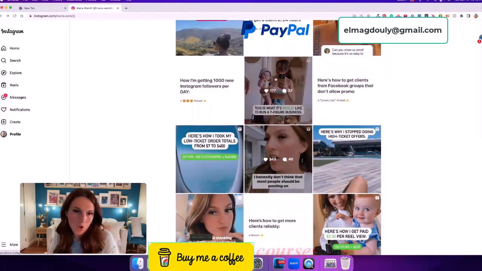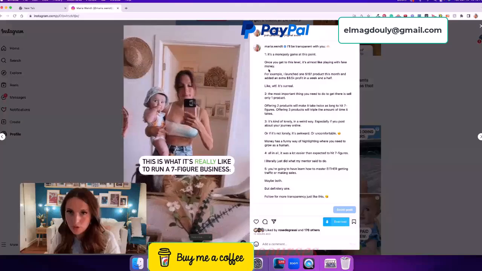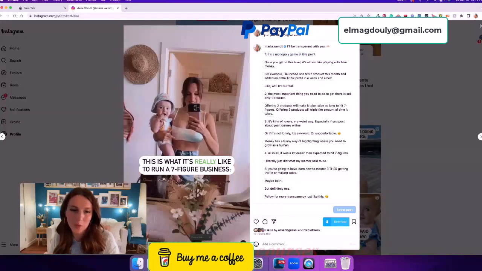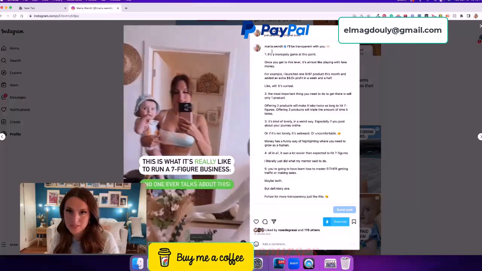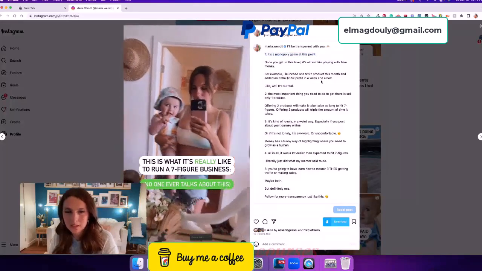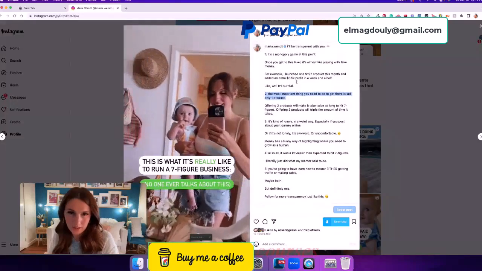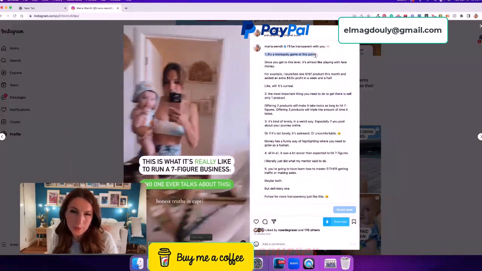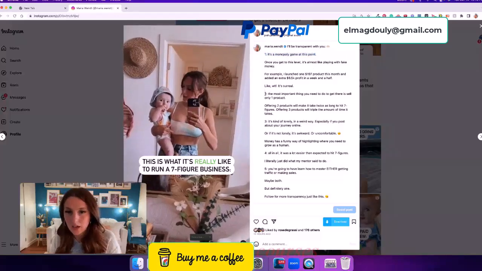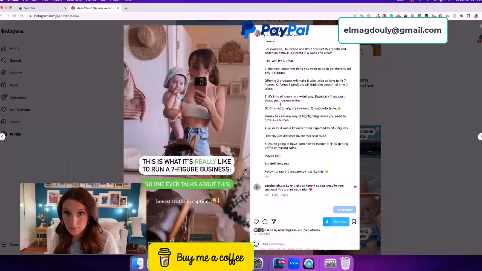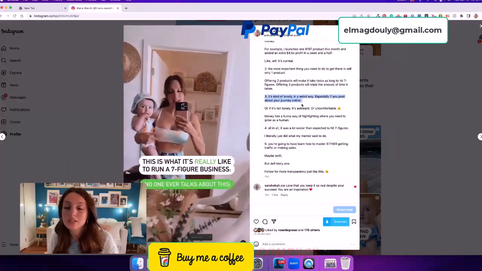So here's a great example. I'll be transparent with you. It's a Monopoly game. So talking about what is it like to run a 7-figure business? It's like Monopoly money. You're playing with fake money. That's something people would want to know. Most important thing you need to do is to sell one product. That's a helpful tip. It's kind of lonely to make this much money.